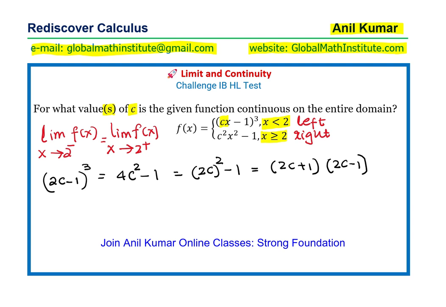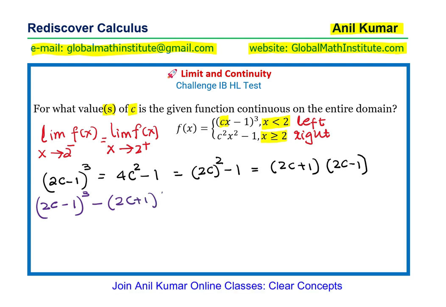Perfect. So let's continue. Let's bring the term on the right side to the left. So we get (2c minus 1) whole cube minus (2c plus 1) times (2c minus 1) equals 0. Clearly we can see that 2c minus 1 is common. So we take 2c minus 1 as a common factor.